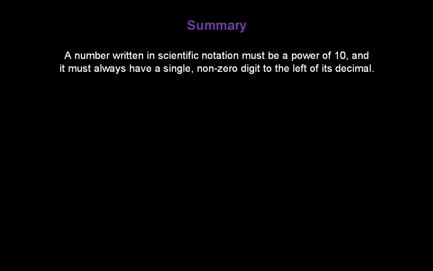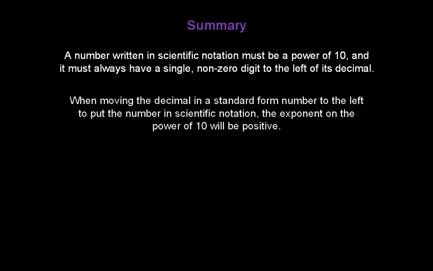In summary then, a number written in scientific notation must have a power of 10 as its second factor, and it must always have a single non-zero digit to the left of the decimal in the first factor. When moving the decimal in a standard form number to the left to put the number in scientific notation, the exponent on the power of 10 will be positive.